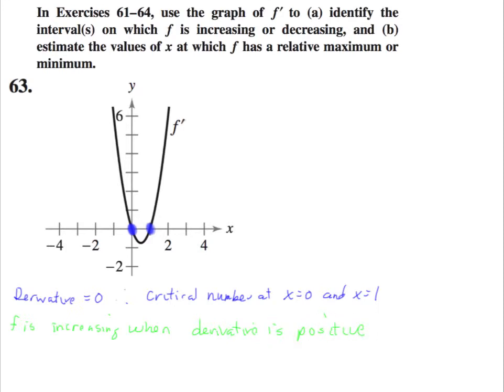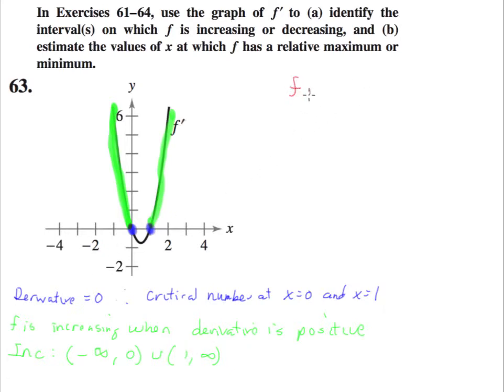So looking at my graph, I'm going to highlight where my derivative is positive, above the x-axis. Therefore, my function is increasing from negative infinity to our critical value of 0, and from our critical value of 1 to infinity.